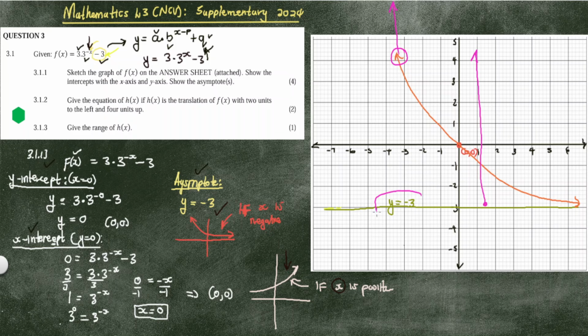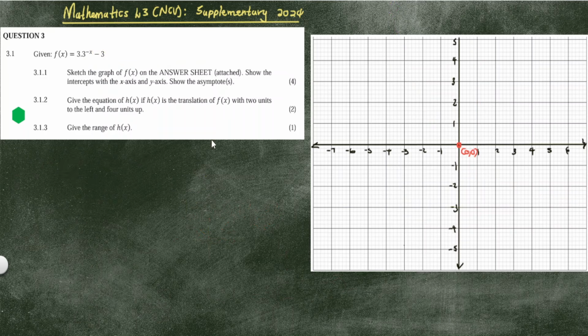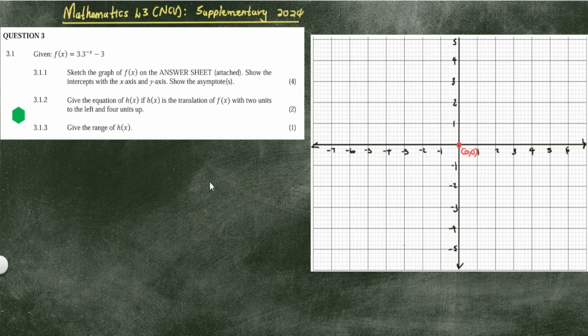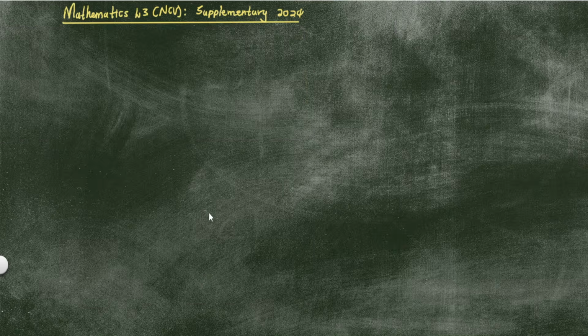Where does it start? Right here. It approaches -3 but never touches. Hence I'm saying my range is y greater than minus 3. We don't include the -3. That's the range. All right, let's take this down.